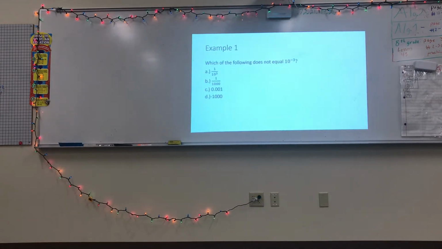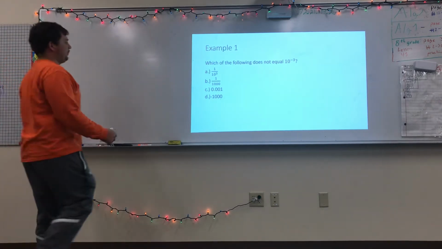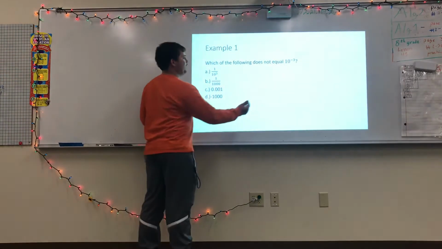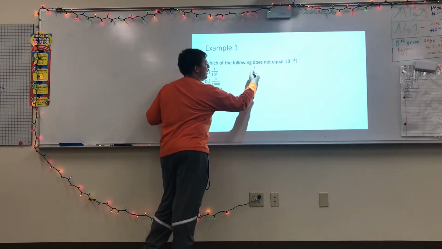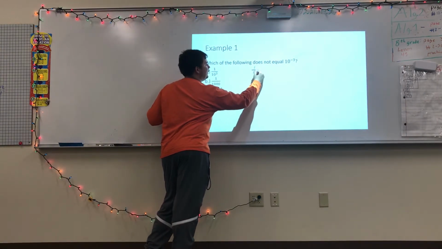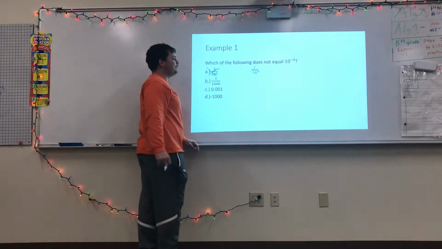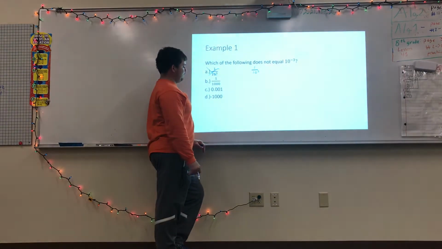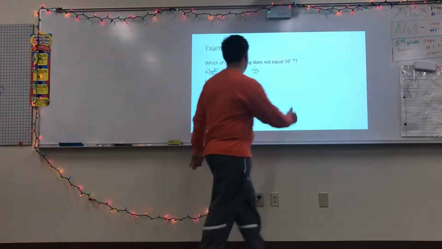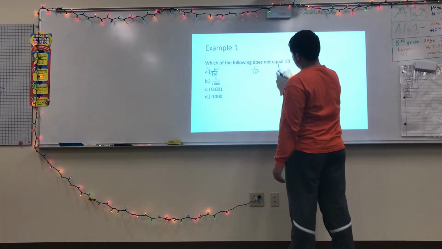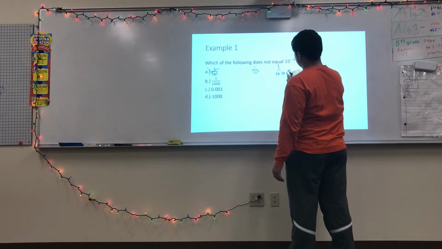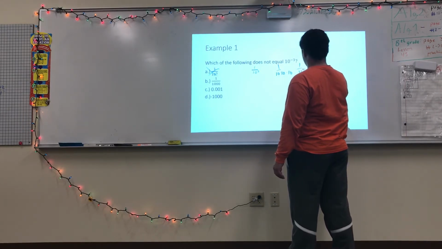Which of the following is not equal to 10 to the -3? Well, we just got done talking about that first rule, in which case we write it as 1 over 10 to the third. This one works, so it's not that one that does not equal it. Now, what if we multiply it out? We get 1 over 10 times 10 times 10, which is 1 over 1,000.